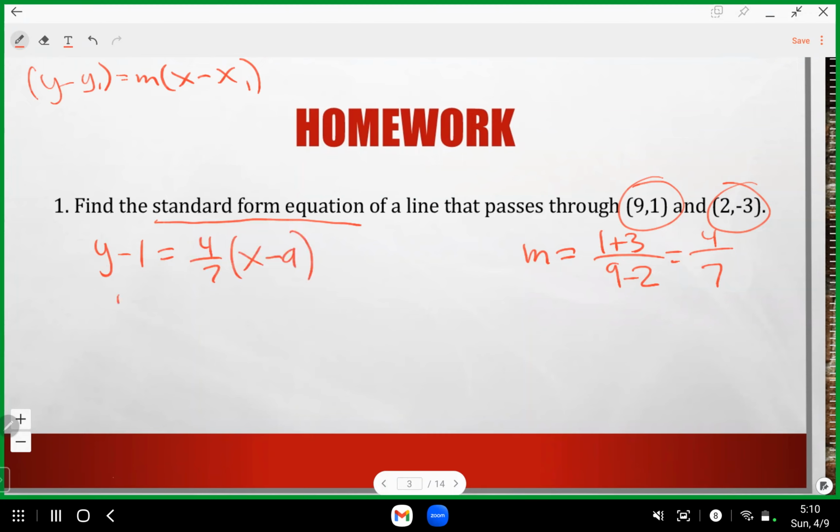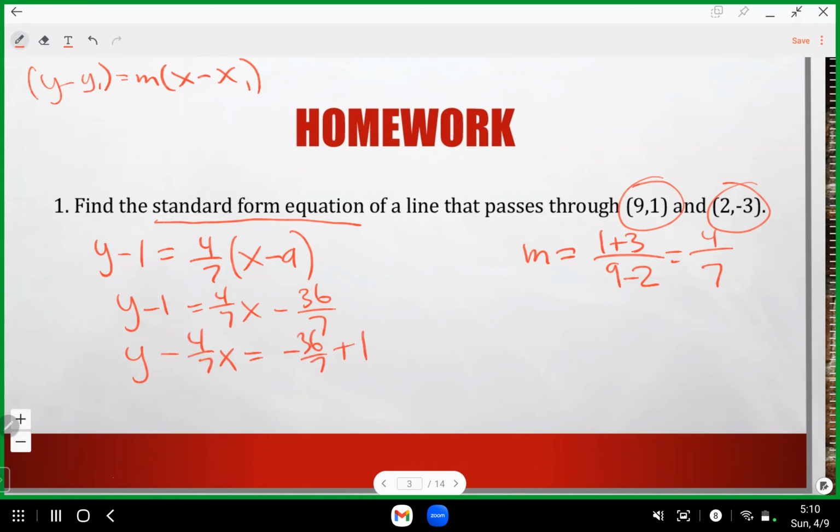From here we get y minus 1 is equal to 4 over 7x minus 36 over 7. So this is quite a disgusting one, but that's fine. Actually, we can simplify it a little bit more later on. So actually, let's move the x over here. y minus 4 over 7x is equal to negative 36 over 7 plus 1.